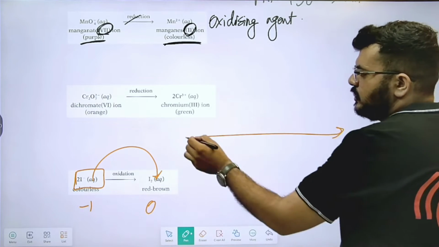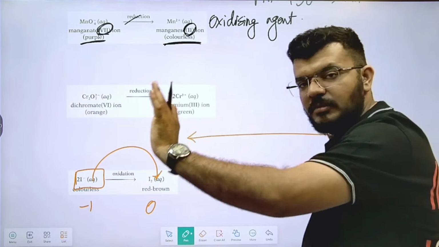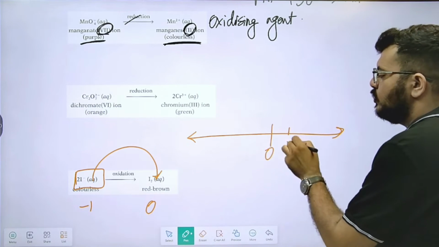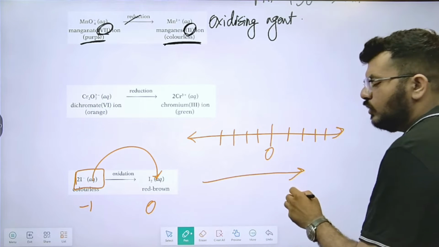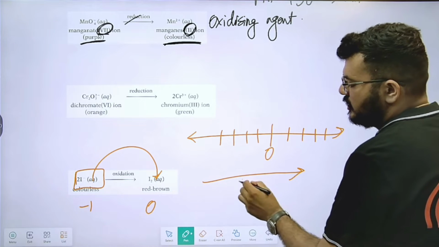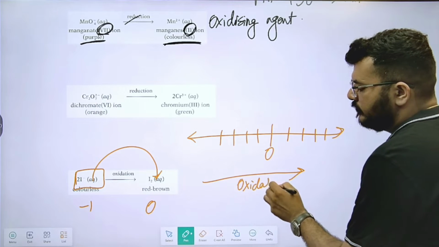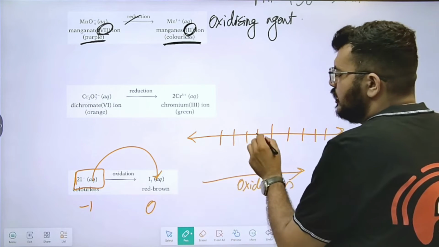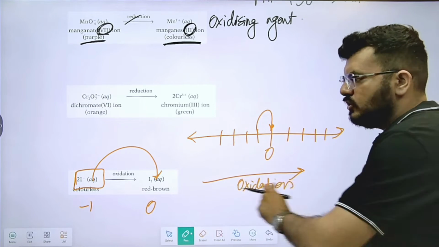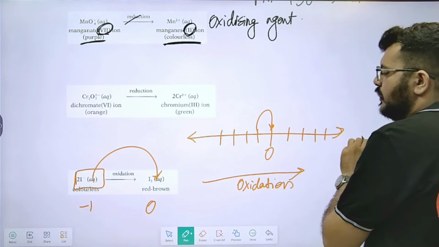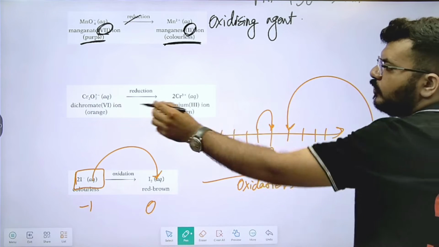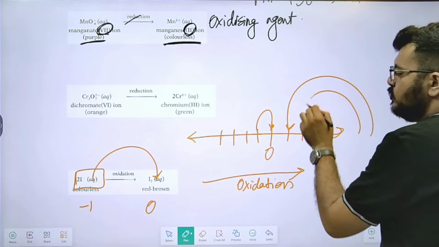Now if you just see, that diagram was nothing but a number line. So you have 0, you have 1, 2, 3, 4, -1, -2, -3, -4. You go rightwards, oxidation number is increasing, that is oxidation. For iodine, we went from -1 to 0, so that is oxidation. And for manganese, we went from 7 to 2, and for chromium, we went from 6 to 3.